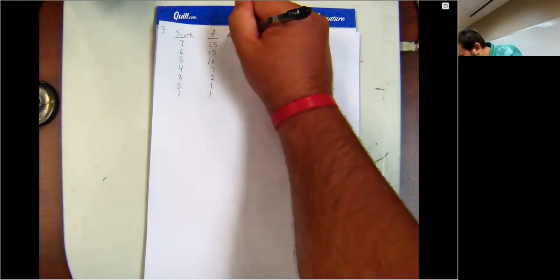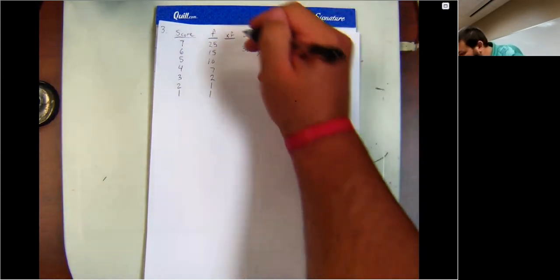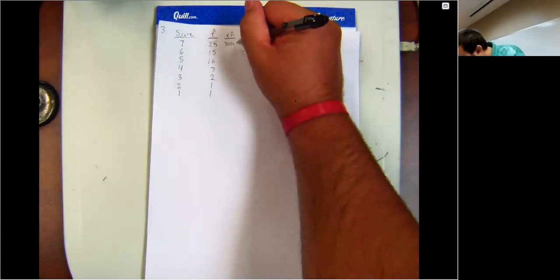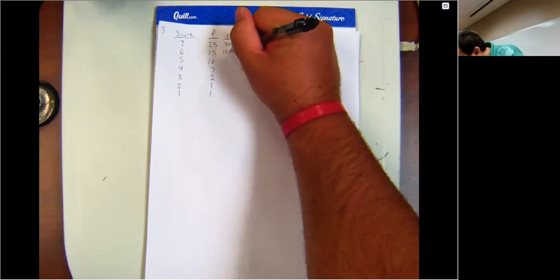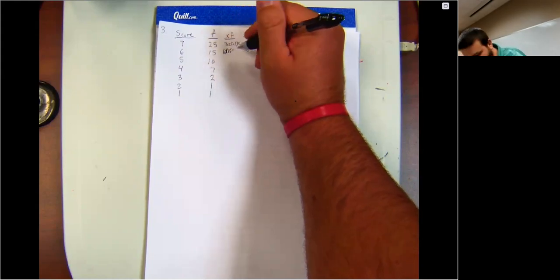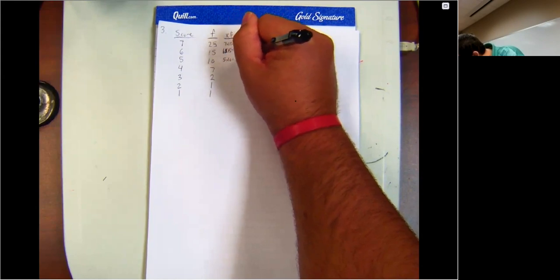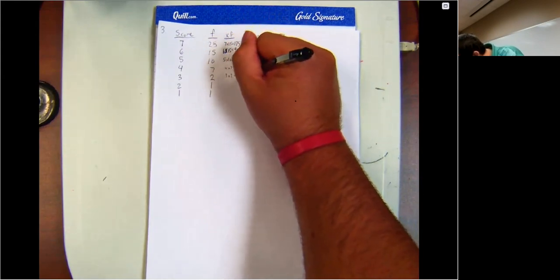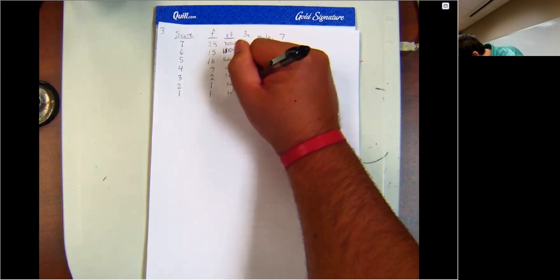So if we got an x times f column, then it would be 7 times 25, which is 175. 6 times 15 is 90. 5 times 10 is 50. 4 times 7 is 28. 3 times 2 is 6. 2 times 1 is 2, and 1 times 1 is 1.